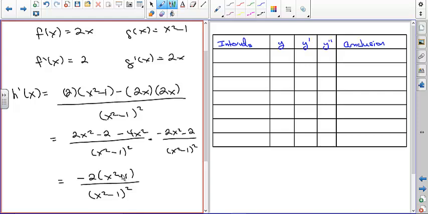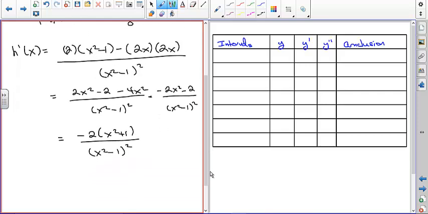If it was negative, then you'd get the square root of whatever this number is. But here, there are no values of x where the first derivative goes to 0. So we can write that there are no values of x where h prime of x equals 0.